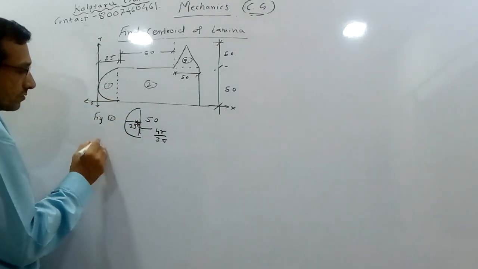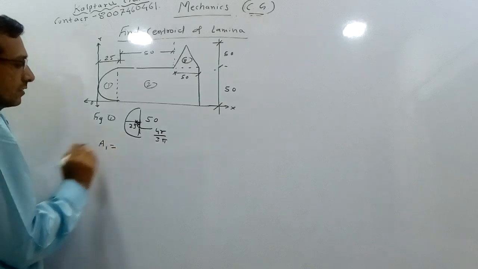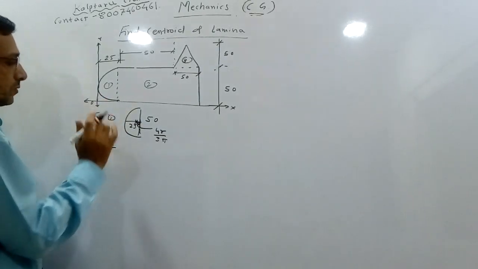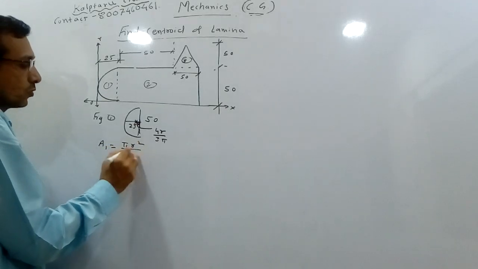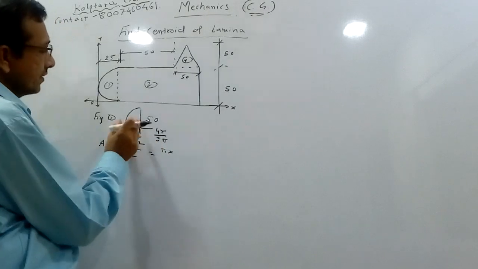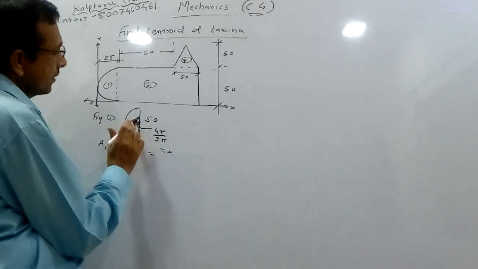I find first in figure 1, A1. What is the formula for area of the semicircle? It is pi r square upon 2. So pi into, radius is how much? Here it is 25.